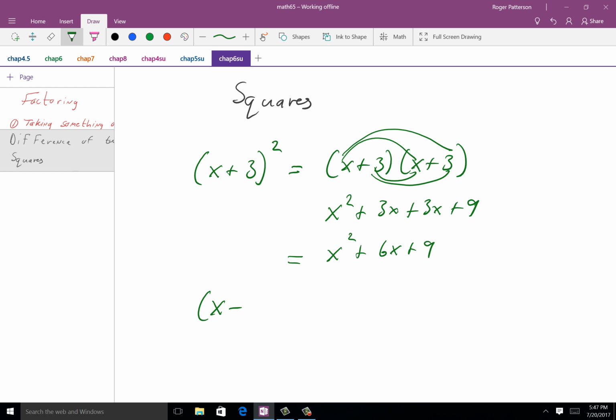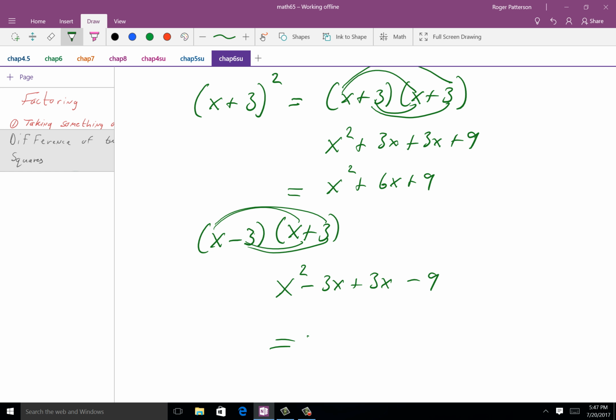But if I take one like this, where this is a 3, and I FOIL this one, then we end up with this, because these middle terms are canceling. All right?